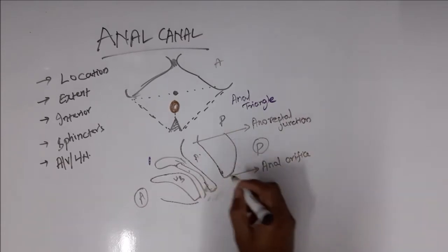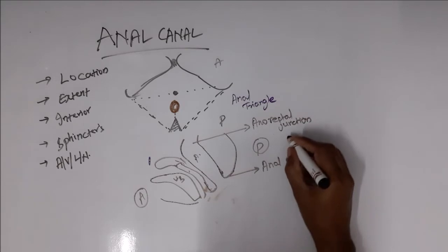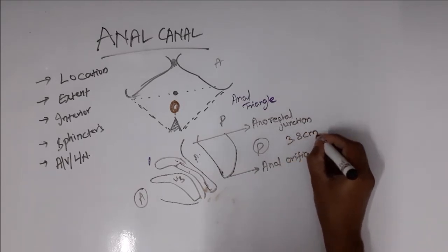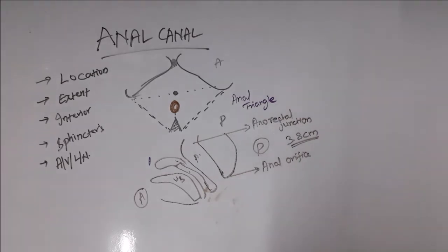So what is the distance between these two? It will be approximately around 3.8 centimeters. So the length of the anal canal is 3.8 centimeters.